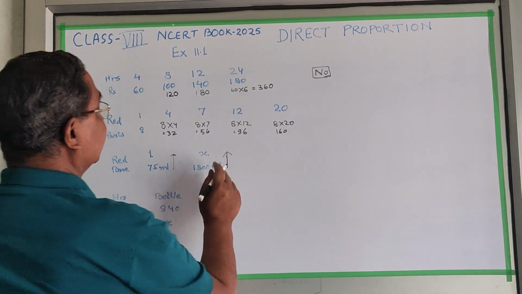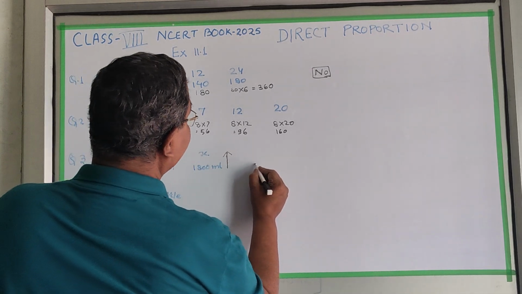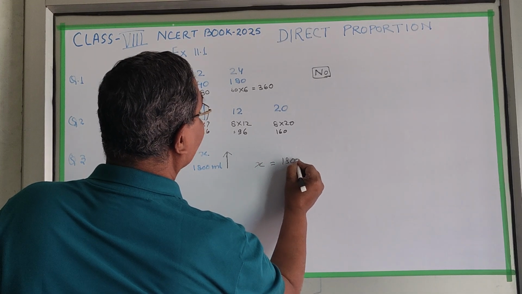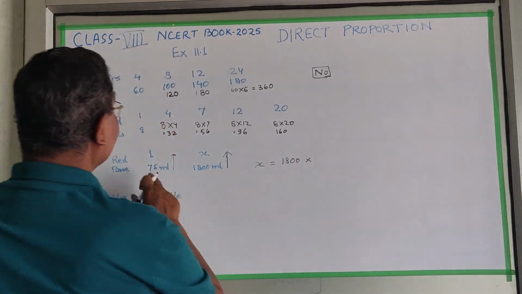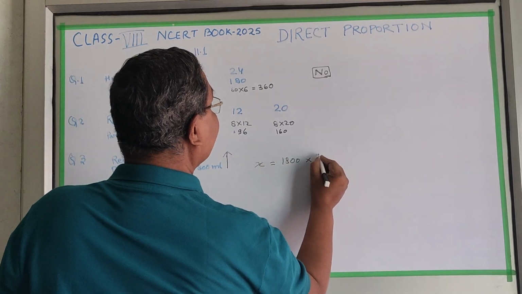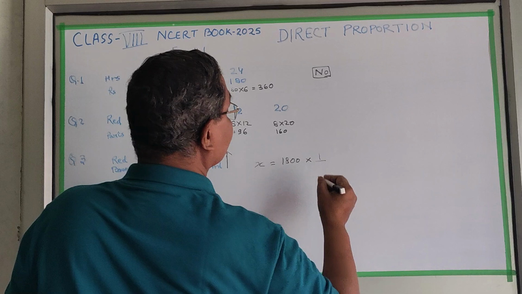Now you solve the question. x equals 1800, multiplied on the arrow side: 1 should come upward and 75 should go down.